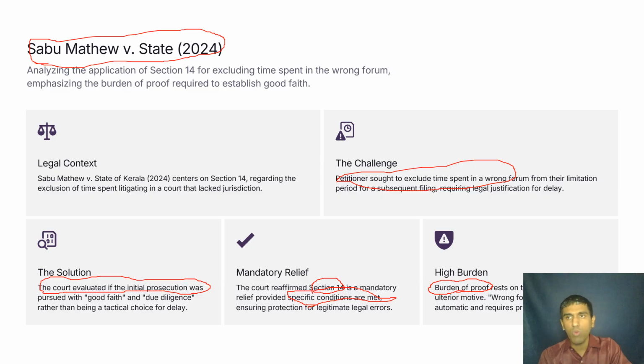The plaintiff must prove that he had genuine cause for fighting the case in the first court, that he had no ulterior motive, and that he wasn't making some tactical or malicious choice for delaying justice or frustrating the other party while fighting the case in the first court. So essentially, you need to provide genuine reasons if you want the protection of section 14.